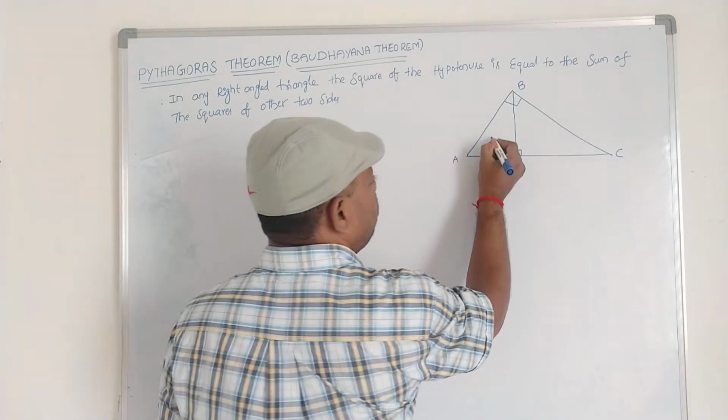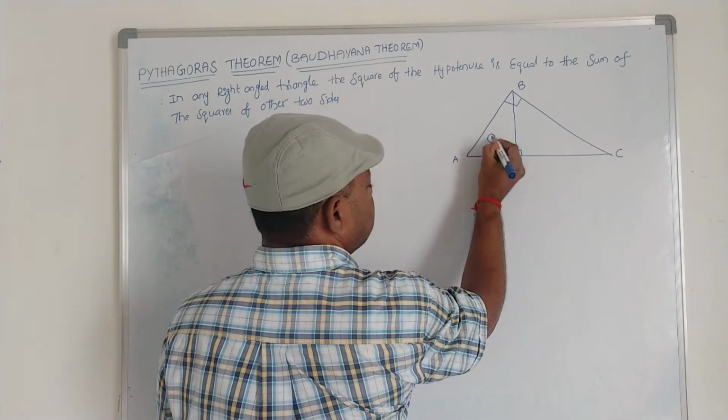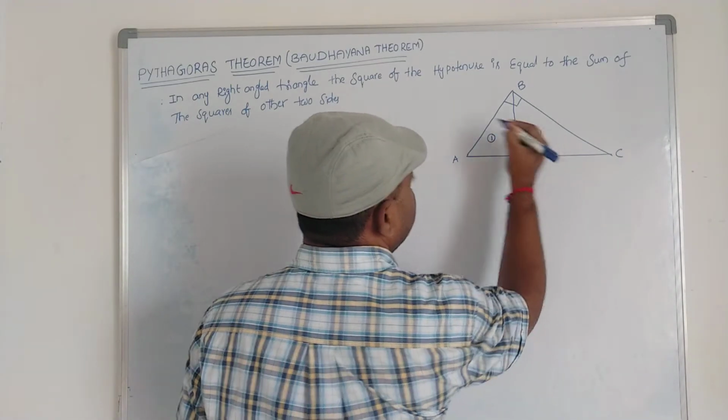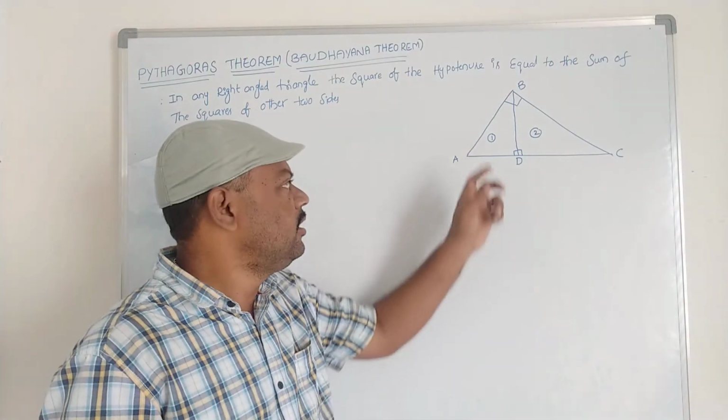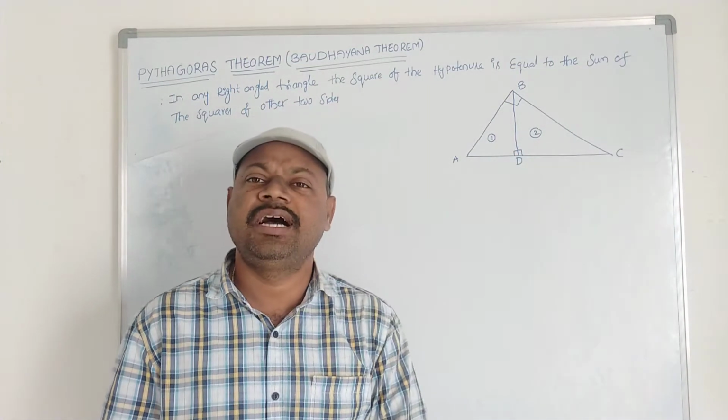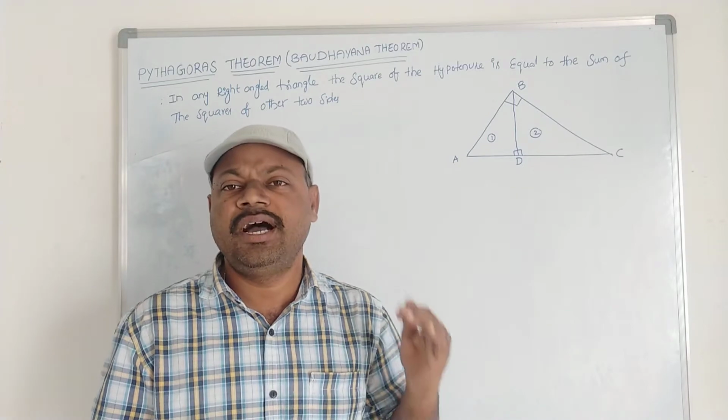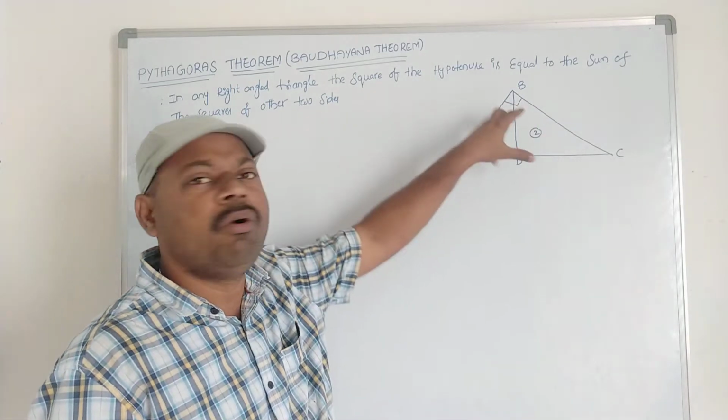This is the first right angle triangle and this is the second right angle triangle. Here the two right angle triangles are similar to the whole triangle ABC.